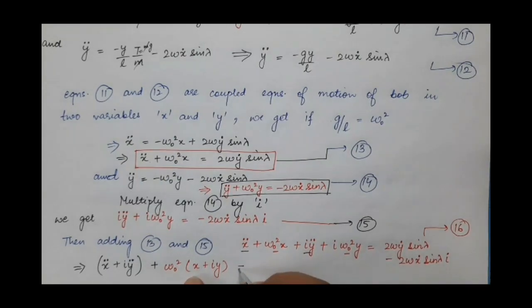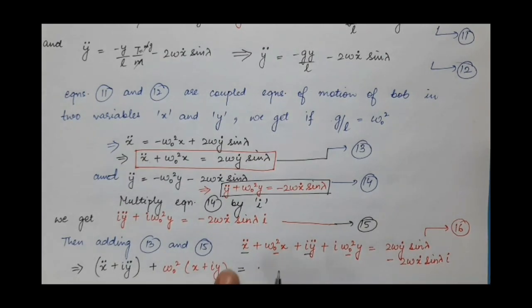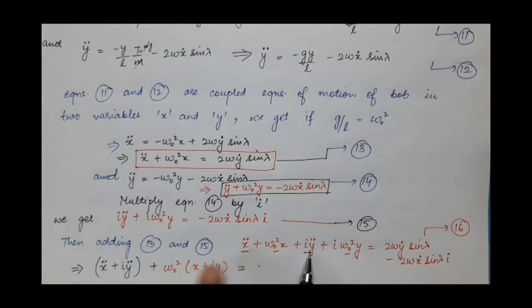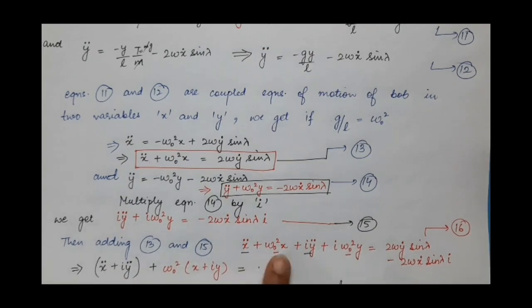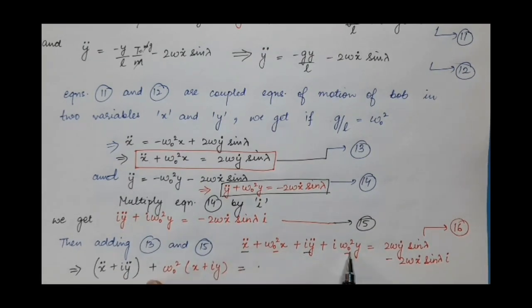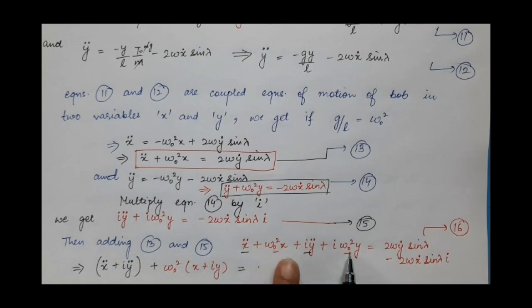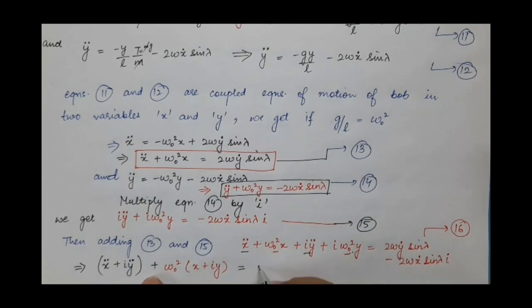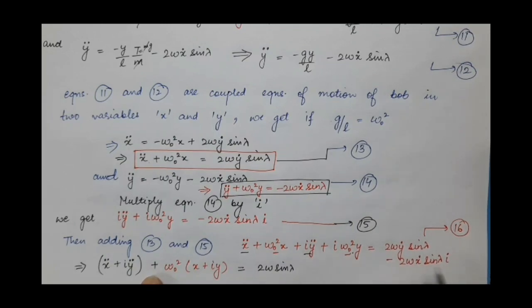So now, from the left hand side, we have combined this term x double dot plus iota y double dot. Then from these terms we have taken omega naught square common, and inside the bracket you will have x plus iota y. And on the right hand side, take 2 common, omega common, sine lambda common, and also take this minus iota common, since with x dot we have minus iota.